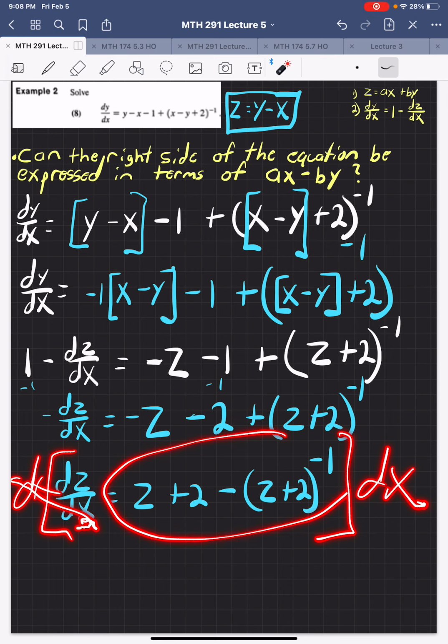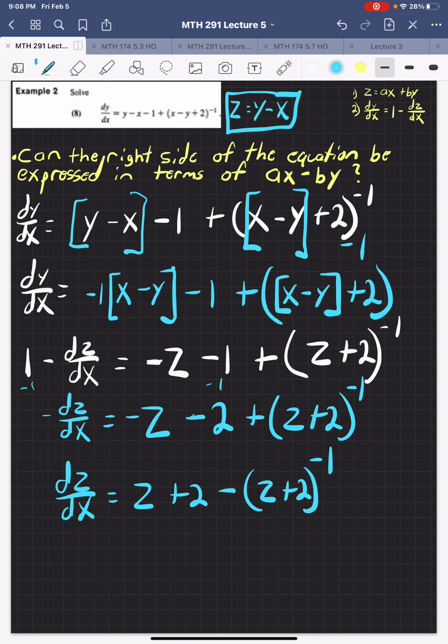So we're going to take all of this and move it to the other side of the equation, so that all we have is z plus 2 minus z plus 2 to the negative 1.